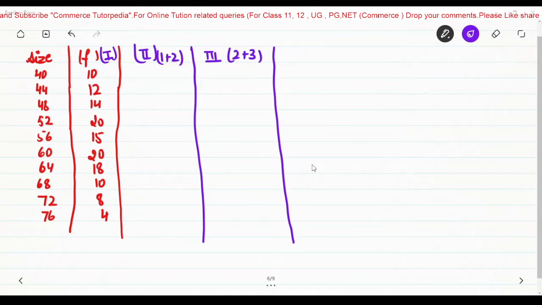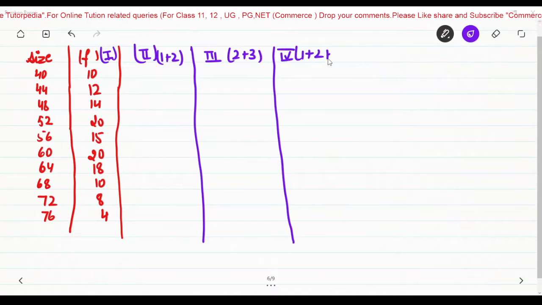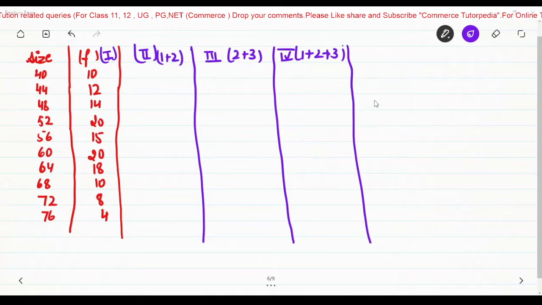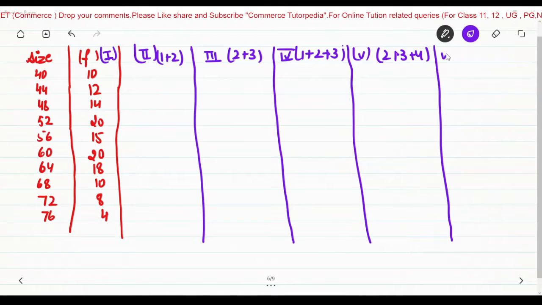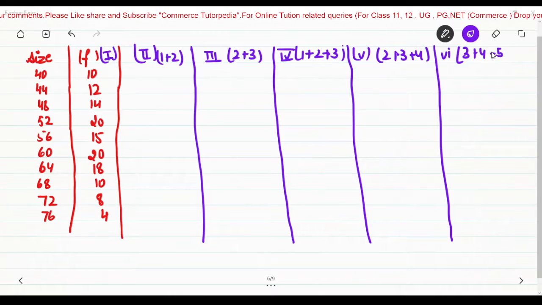In the fourth, we are going to add 1, 2 and 3. In the fifth, we are going to add 2 plus 3 plus 4, and in the sixth, we are going to add 3, 4 and the fifth frequency. This is the format for the solution of this question. Now I will tell you how to do this.